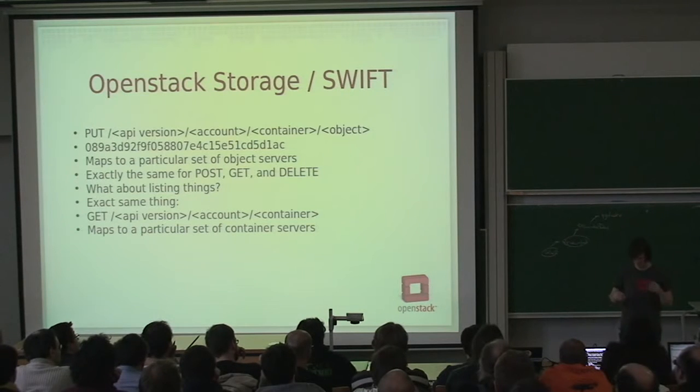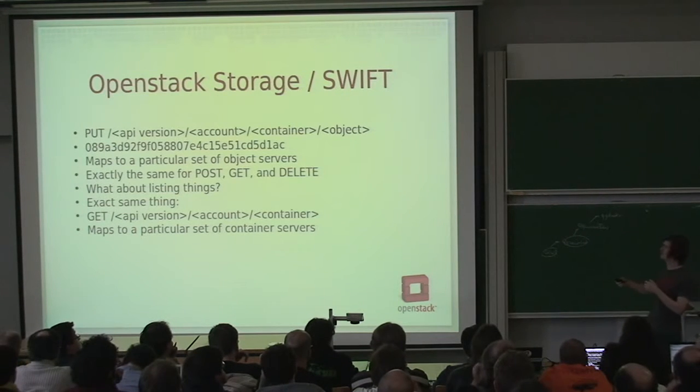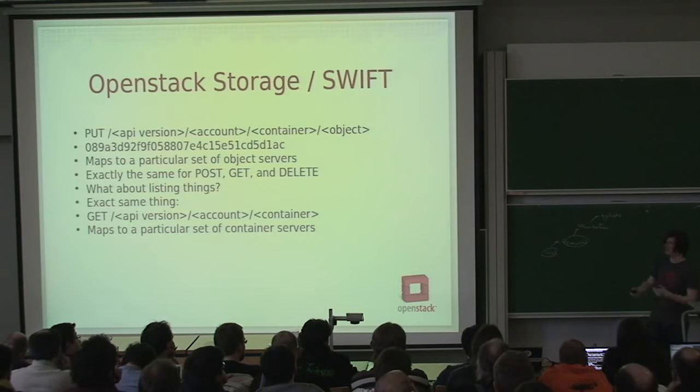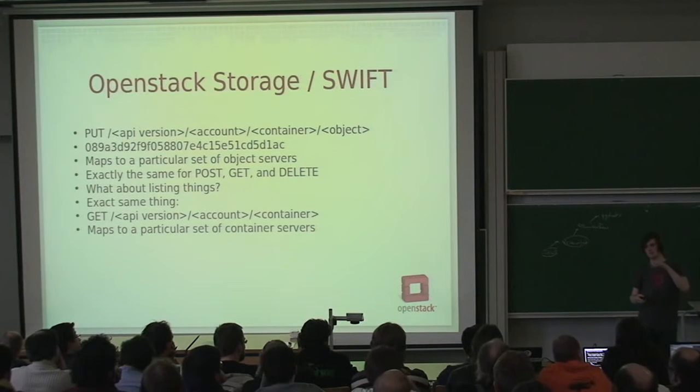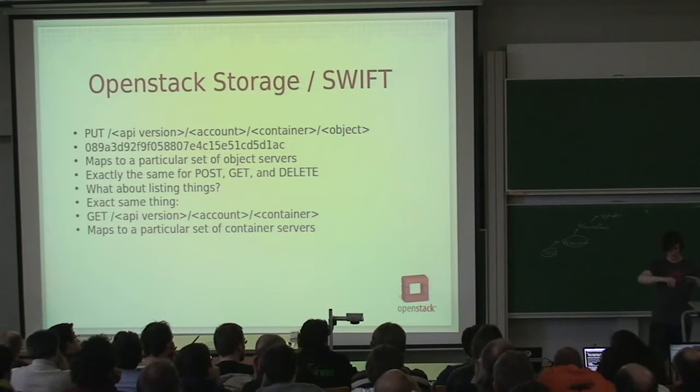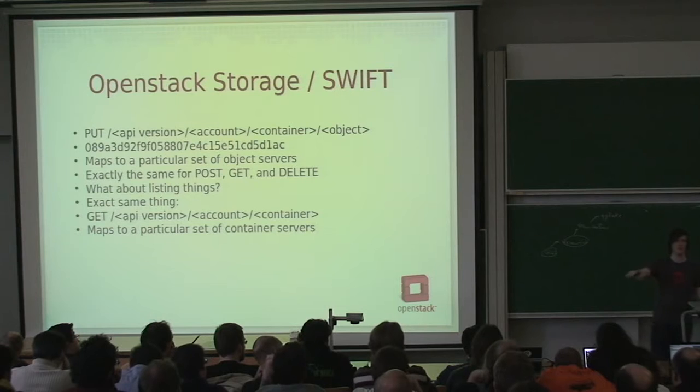Anyways, I love Swift. It's fantastic. It's kind of tricky to set up. It's designed to be run in production environments in a particular way, where you always have 3 replicas of everything everywhere, distributed across different zones, geographically split apart.